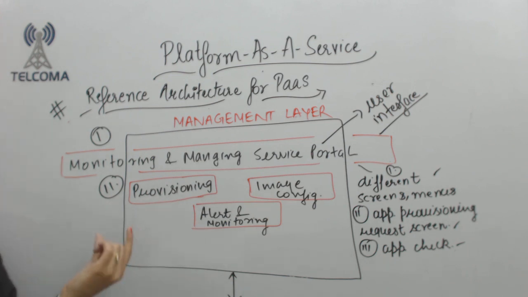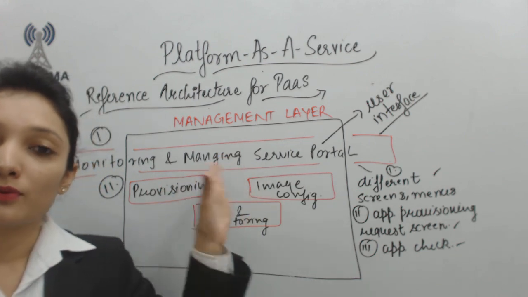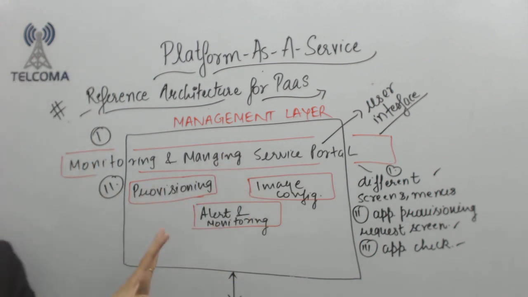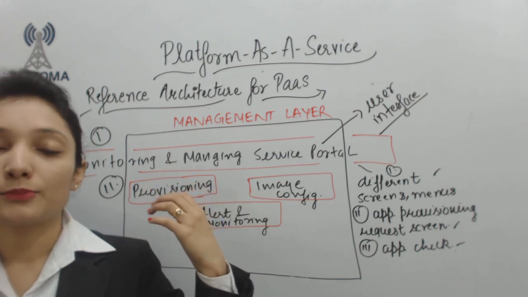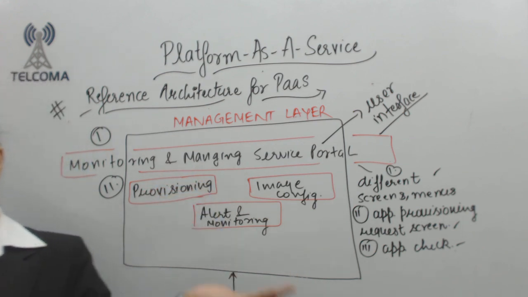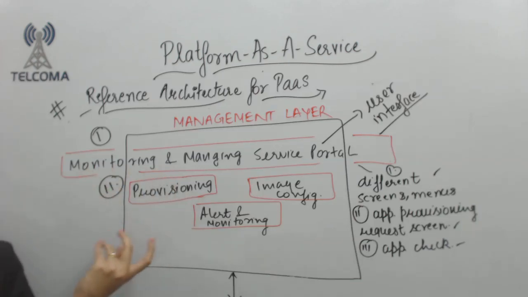This component provisions the application services based on the demand or the request made through portals. That means the requests are made to the portal, and then it will provision for those on demand services. That's why it's called a provisioning component, because it has to provision the various application services.